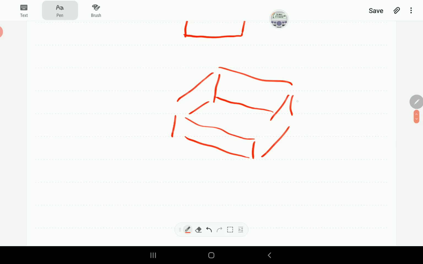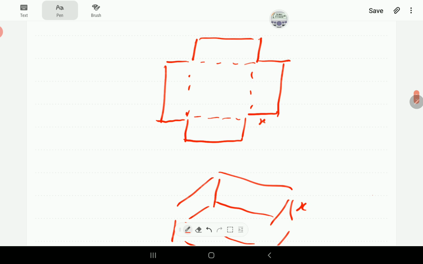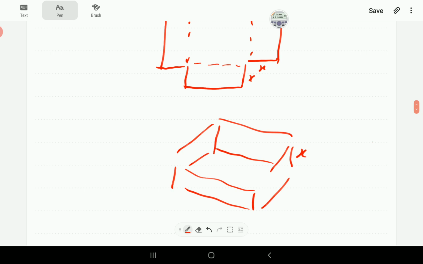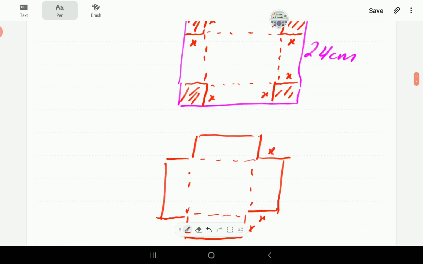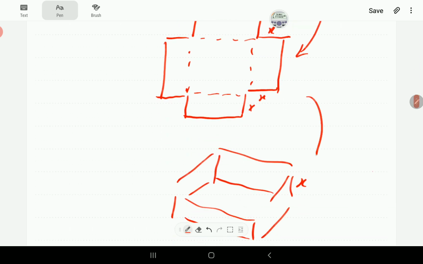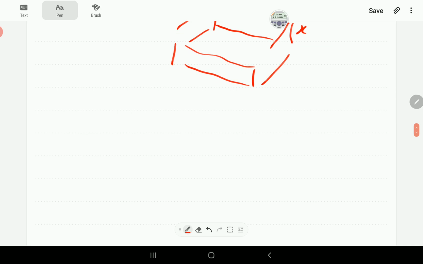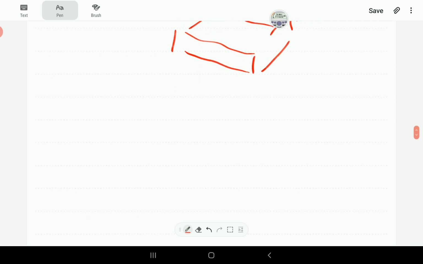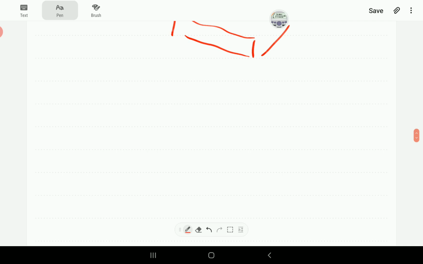Of course, this is going to be a box of height h, because the height is going to be equal to the side of the smaller squares that we cut out from the corners. So from this to this, and then we fold, and then we have our box. Now the size of the square is the thing that's variable here.